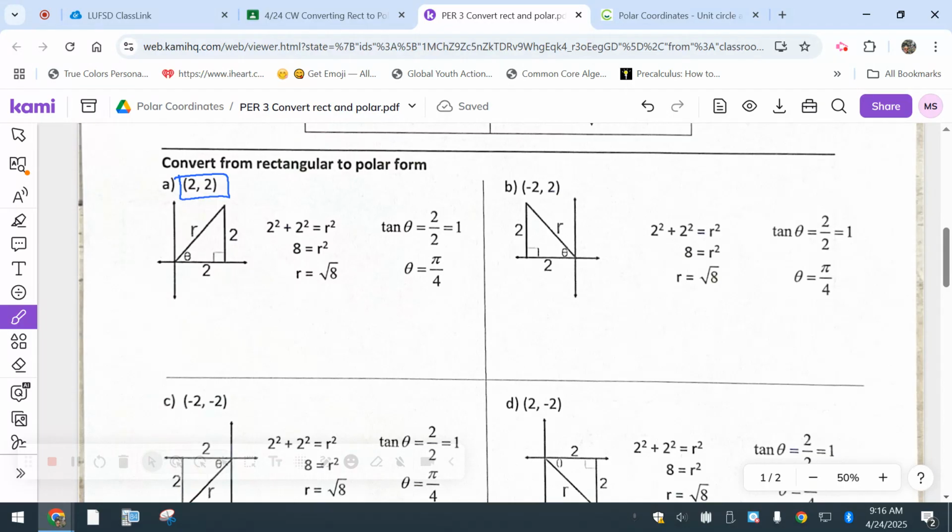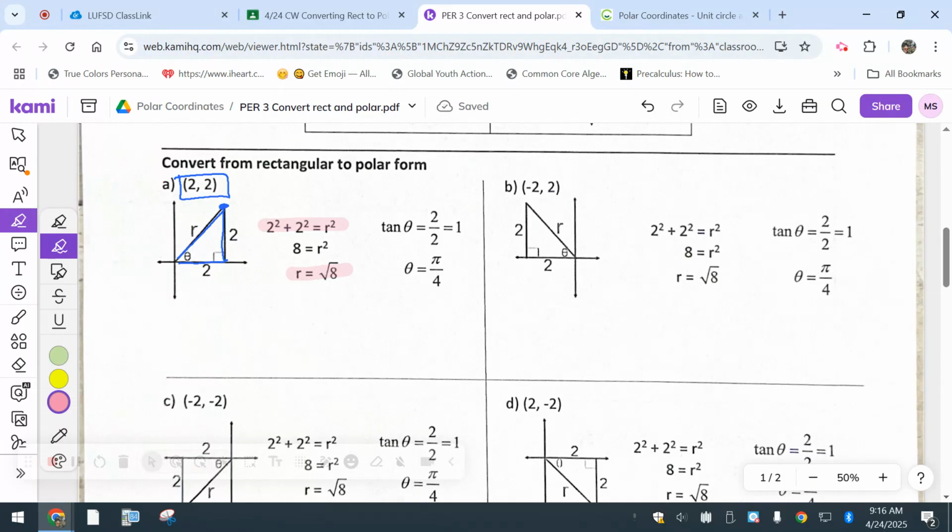You go over 2, you go up 2, and then you create the right triangle. So that was done. To find r, you notice that I used the Pythagorean theorem. You figure out that r is the square root of 8.